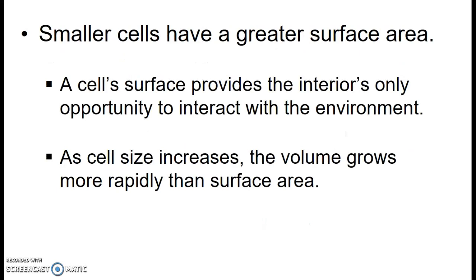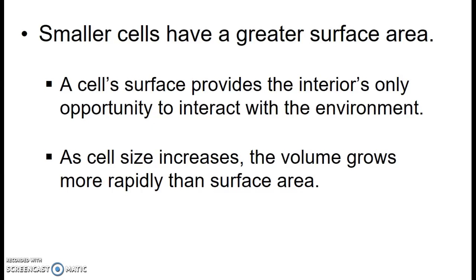And one thing that does make smaller cells more efficient is that they have a greater ratio of surface area to volume. And the surface area or the cell membrane is the only point of contact that the interior of the cell has with the environment. It's the place where anything that the cell needs from the environment is brought into the cell, or anything that the cell needs to get rid of can be gotten rid of.